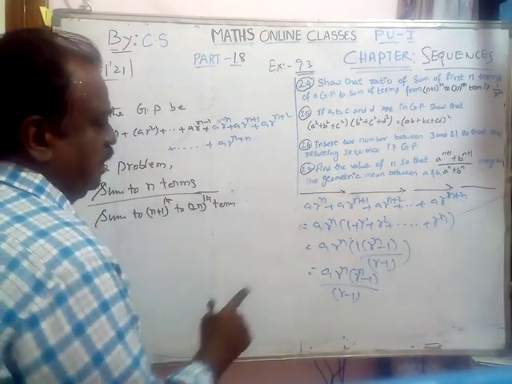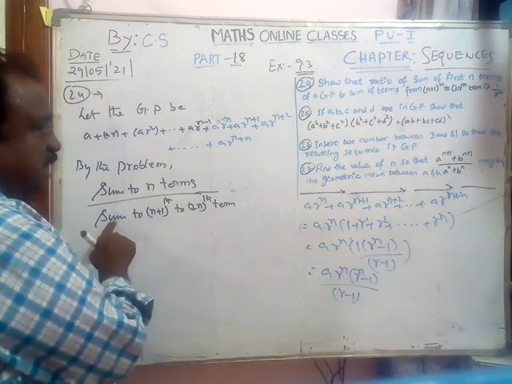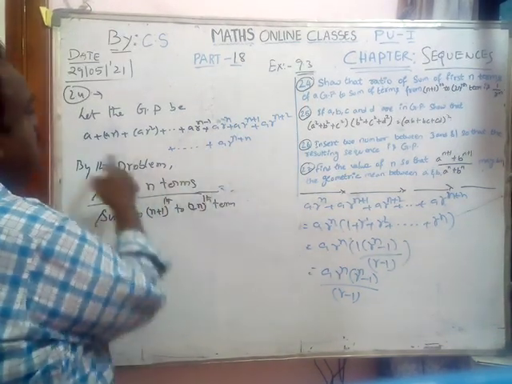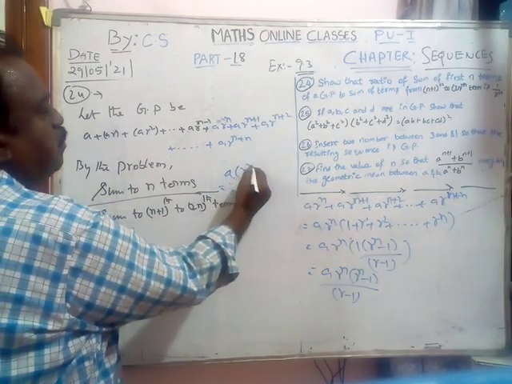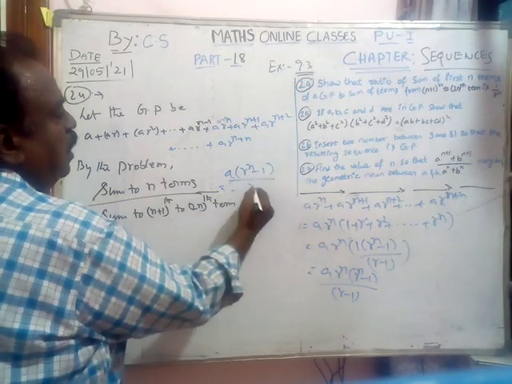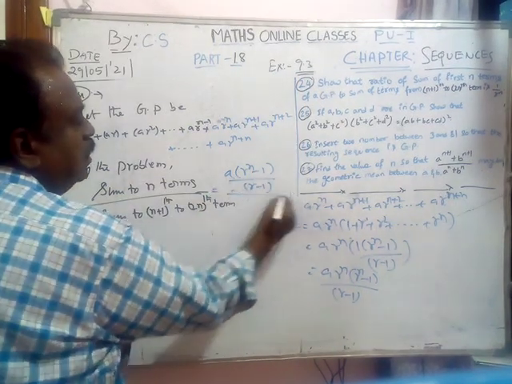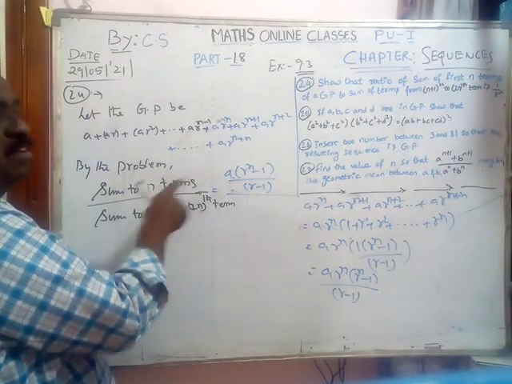This is the second series sum, okay, which are written in the blue. But this one is, we know it well, clearly, a r power n minus 1 by r minus 1, okay na? It is related sum to n terms of GP. It's very clear.